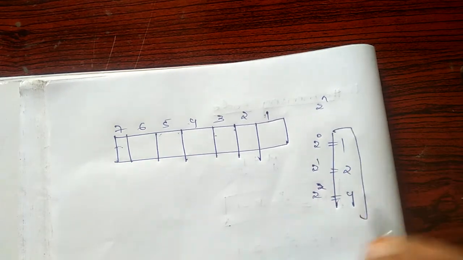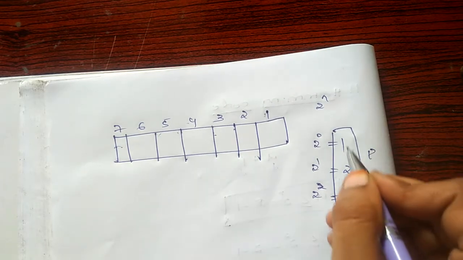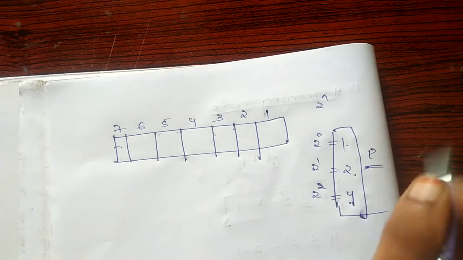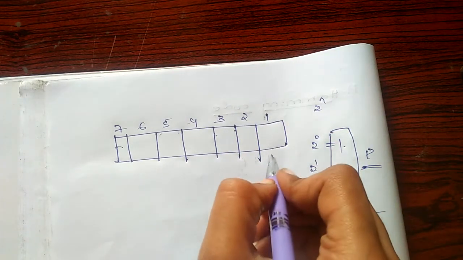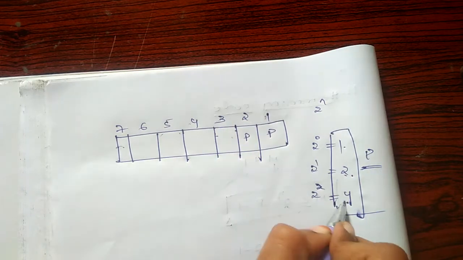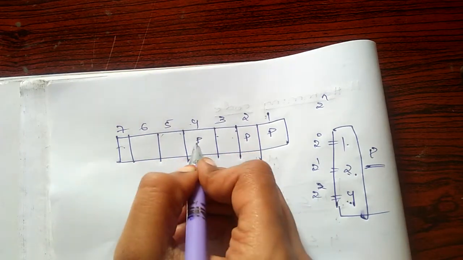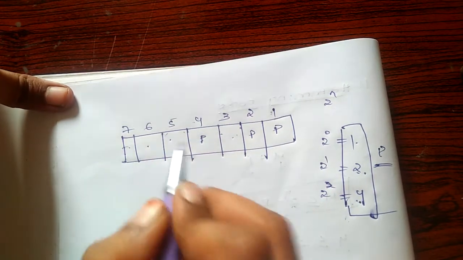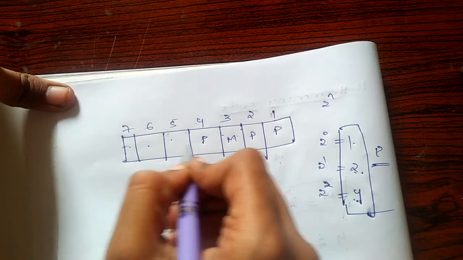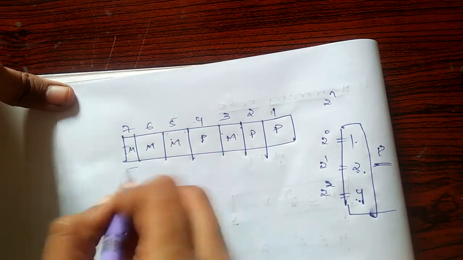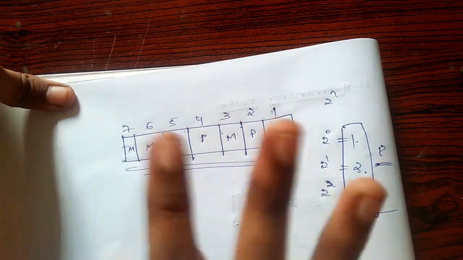As we are sending only 3 parity bits, we are considering positions 1, 2, 4 for the parity. So 1 parity, 2 parity, and then the 4th position for the parity, and the remaining positions 3, 5, 6, 7 are for the message bits. So these are allocated for the message bits and the parity bits.